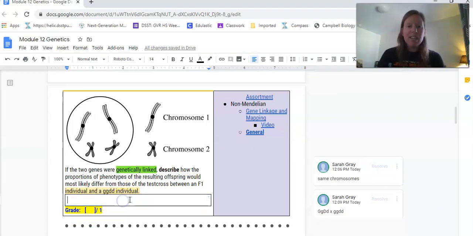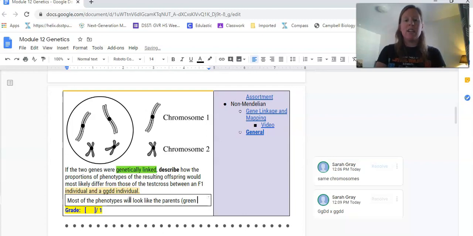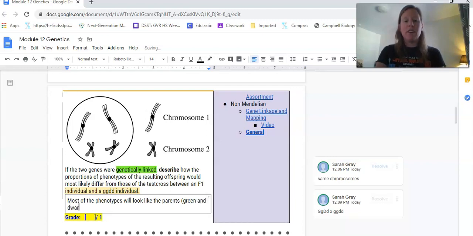So describe how the proportions of phenotypes. Most of the phenotypes will look like the parents. And I'm going to state what that is: green and dwarf, or tall and purple.